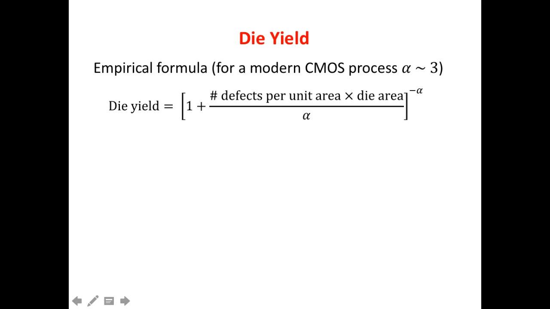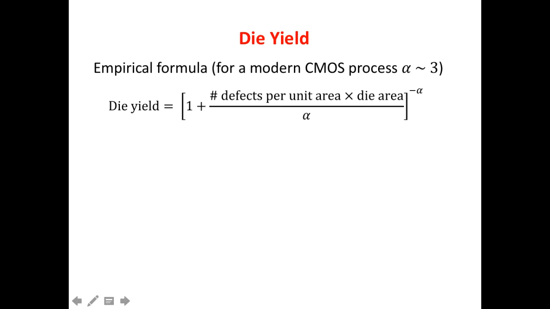So this is an empirical formula. It's not something that we can demonstrate. It is something that can be justified, because of course this quantity, the number of defects per unit area that you have in the process times the die area, gives you the average number of defects that you have on a die. And the yield is strongly dependent on the number of defects that you have in the die area.